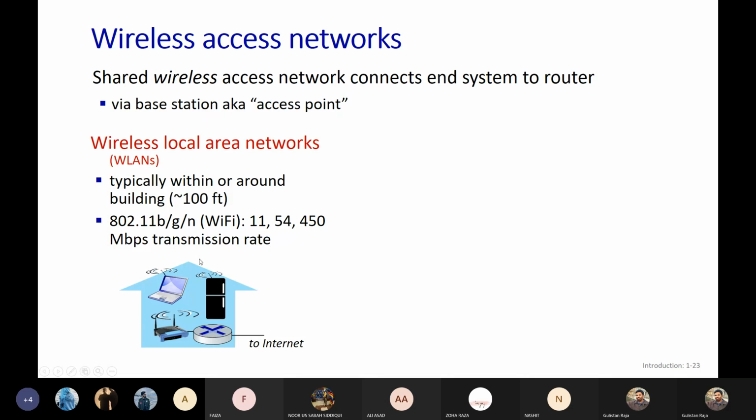As standards are evolving, their speeds are also increasing. And if you compare the speed of a wireless local area network with a wired local area network, the wired speed is much higher, going into Gbps.